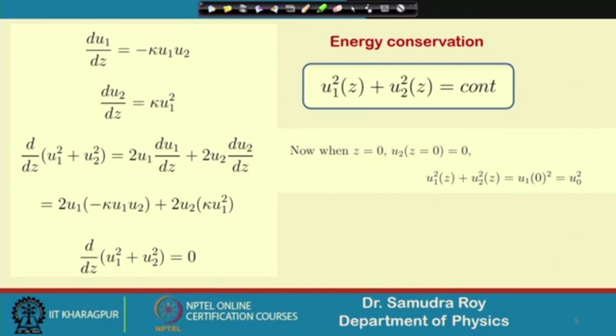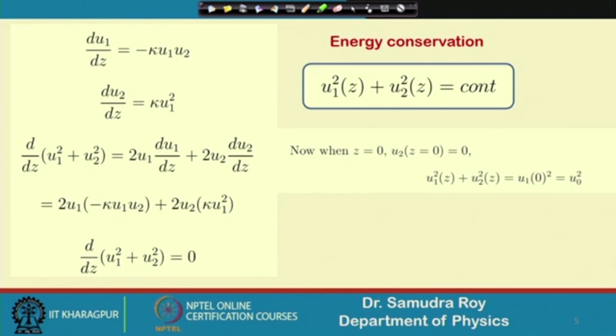To see how this total energy changes, we need to take the derivative of u1 square plus u2 square with respect to z, and we get 2 u1 du1 dz plus 2 u2 du2 dz.